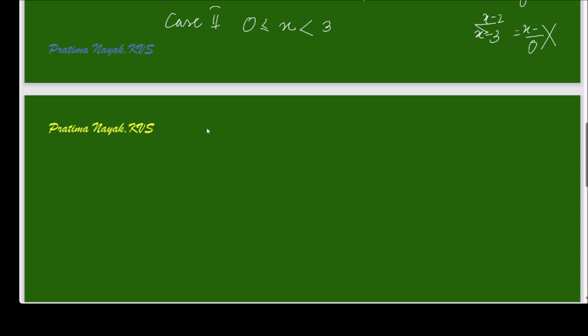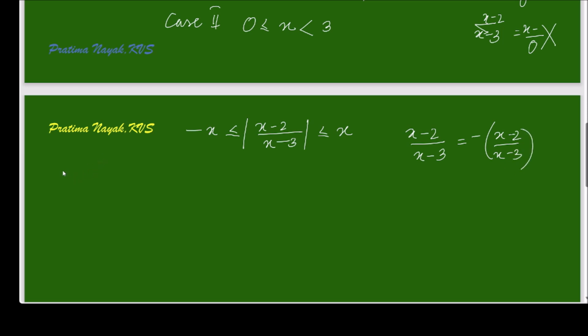So now again I will write the inequalities. Negative x minus 2 by x minus 3 is less than x. As I already discussed, when x is less than 3, this becomes negative of x minus 2 over x minus 3.